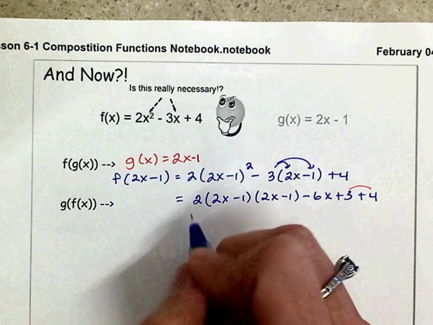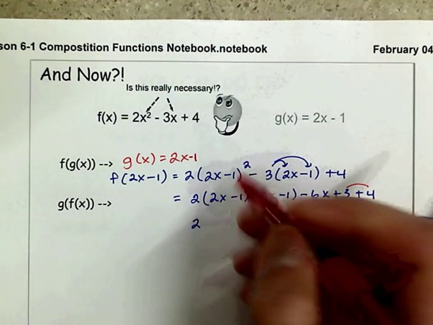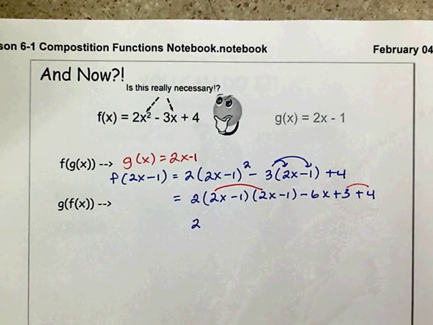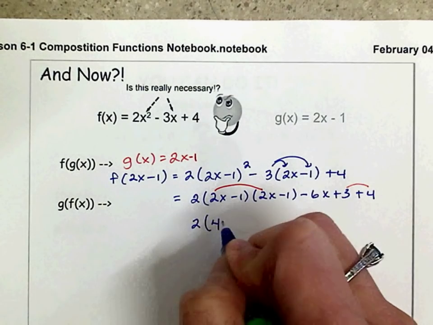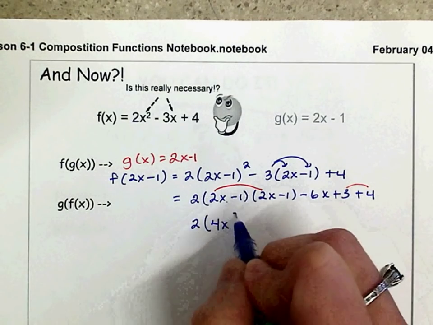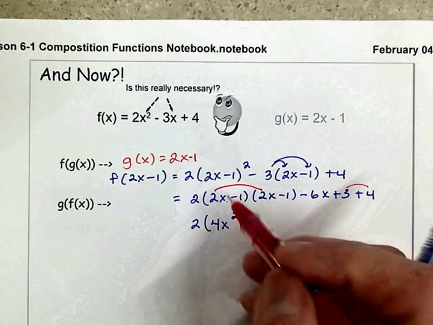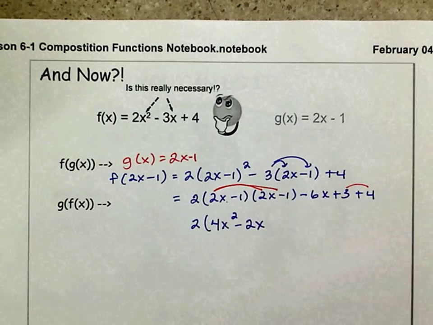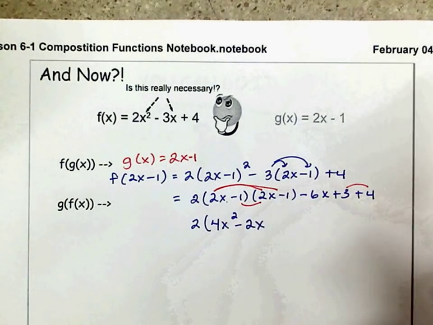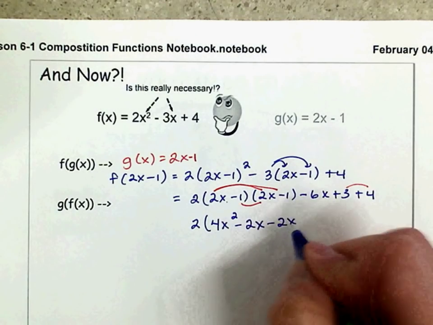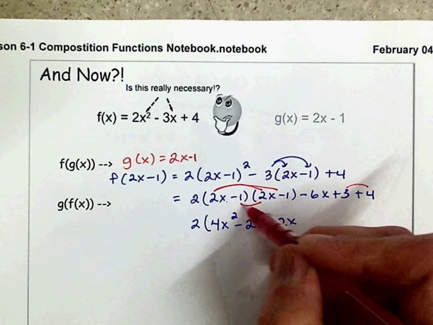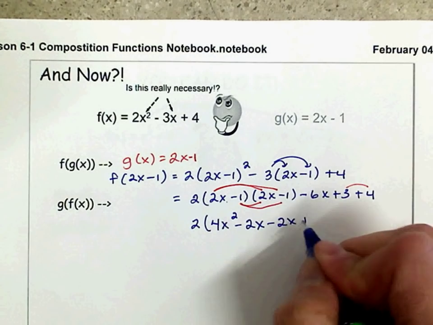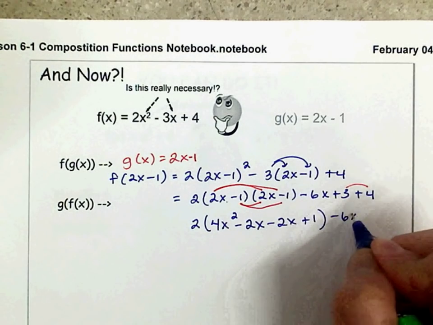Now, 2x times 2x is 4x squared. 2x times negative 1 is minus 2x. Negative 1 times 2x is negative 2x. Negative 1 times negative 1 is plus 1. Bring down negative 6x, and I went ahead and combined plus 7.